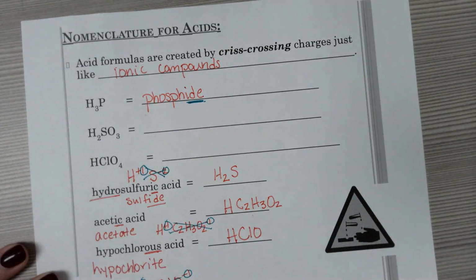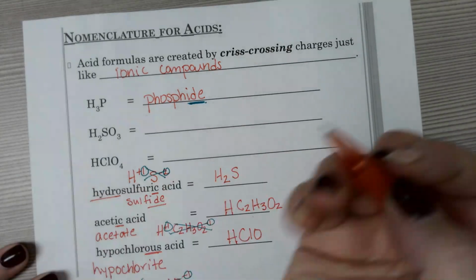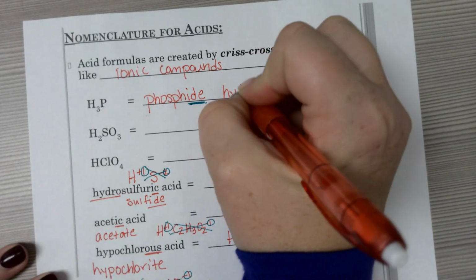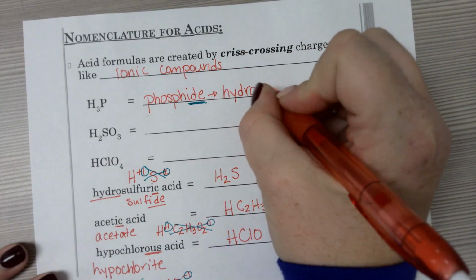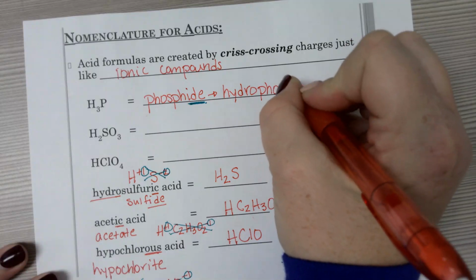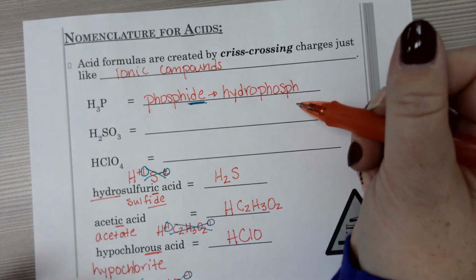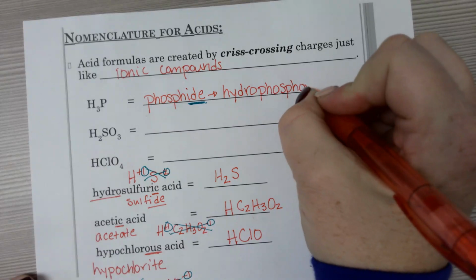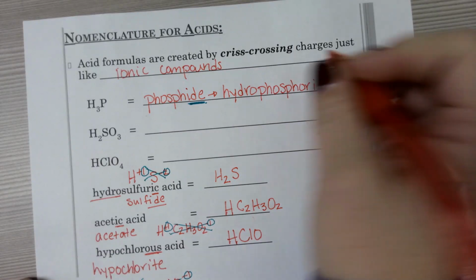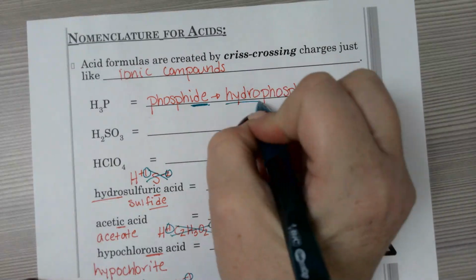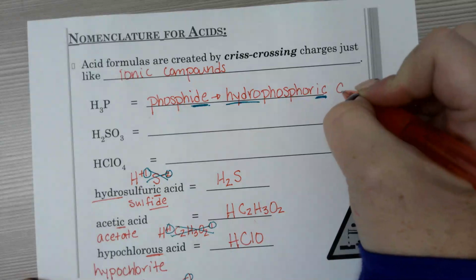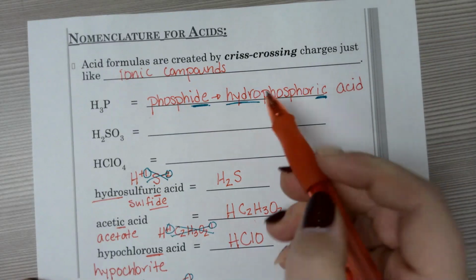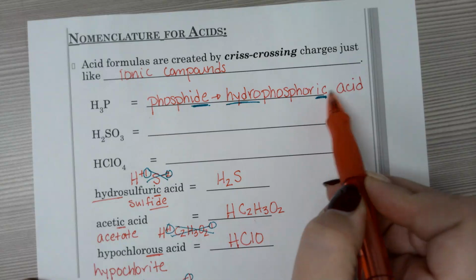So for the IDE ending, I'm going to add hydro out in front. Add that root. Now with this one, you actually add the OR back in here. And then the IC ending, so hydro out in front, IC ending, and then acid. So hydrophosphoric acid.